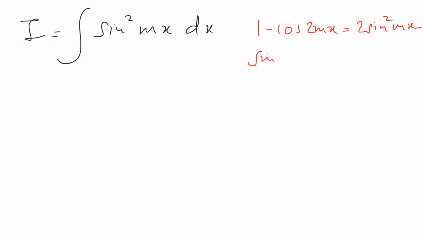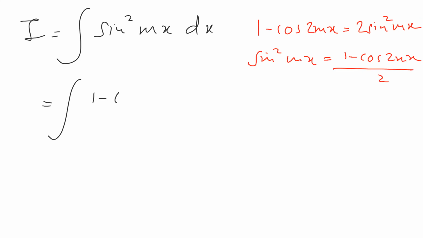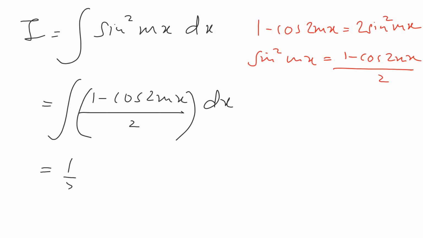So what is sine square mx? 1 minus cos 2 mx by 2. So I'll just replace sine square mx by 1 minus cos 2 mx by 2. Take half outside. Integration of 1 minus cos 2 mx dx.